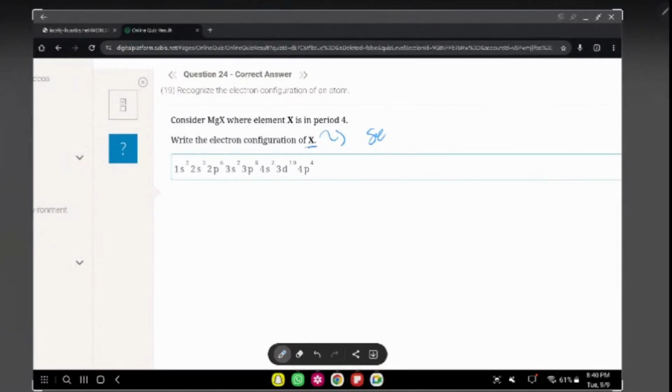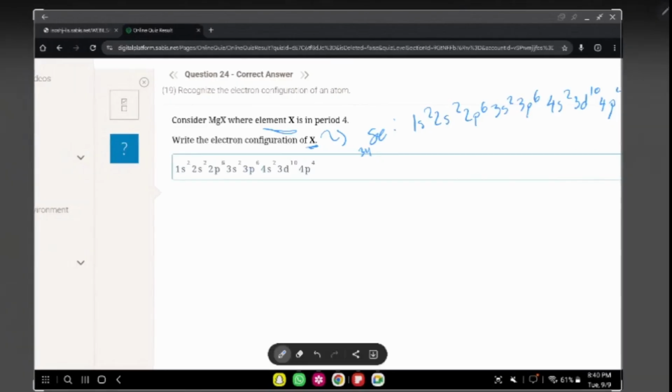But when they just say of X, that means they're talking about the atom X. Selenium is 34. Its config is 1s2, 2s2, 2p6, 3s2, 3p6, 4s2, 3d10, 4p4. Yeah, so it's actually correct here. Alright, got it.